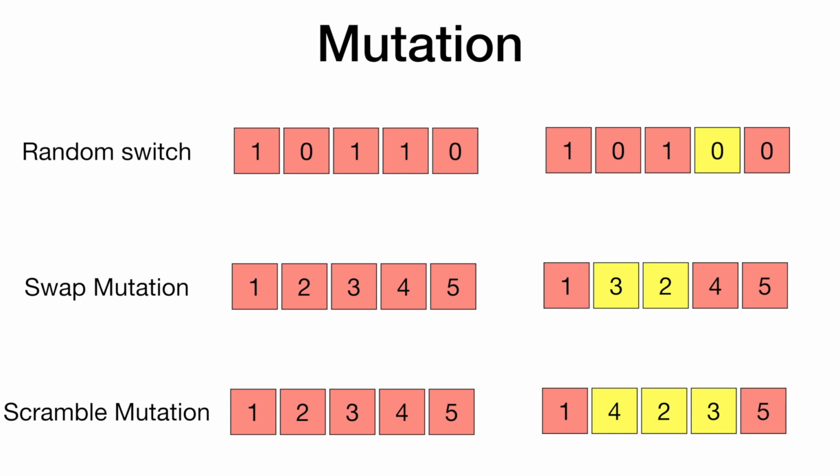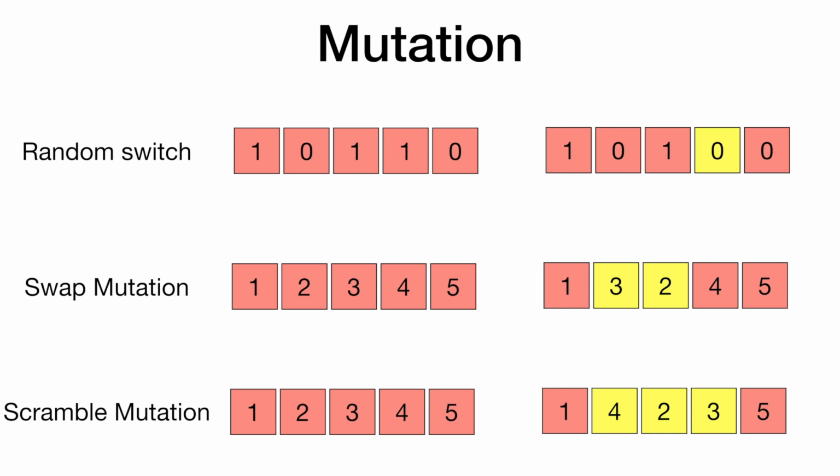So there's a random switch: we pick one place and switch the value, the allele of the gene, to another one. In our case, it's a binary description, so we are just switching from 1 to 0, but if it were a character, you could randomly find another character to put into this place.